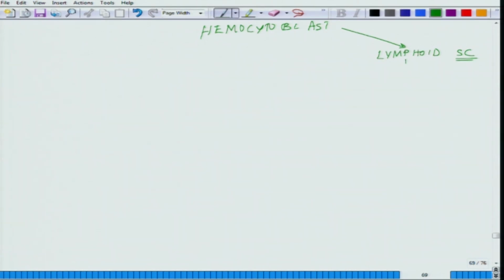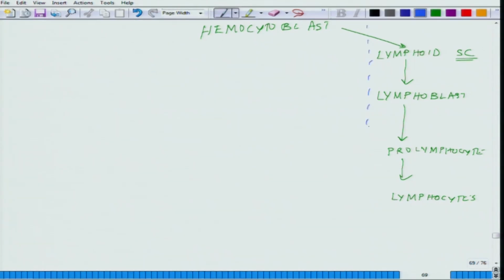And lymphoid stem cells form something called lymphoblast, and lymphoblast forms something called prolymphocyte, and prolymphocyte forms lymphocytes. This is one route. There are multiple routes, which I am coming to next. So, this is where all the lymphocytes are formed.